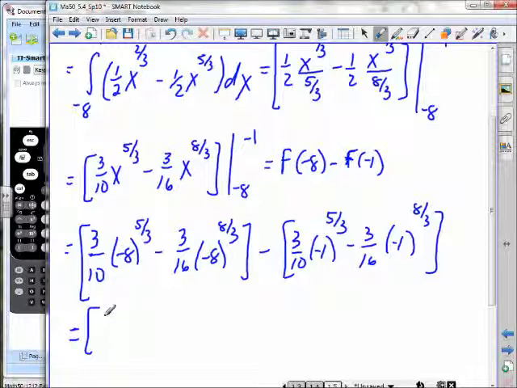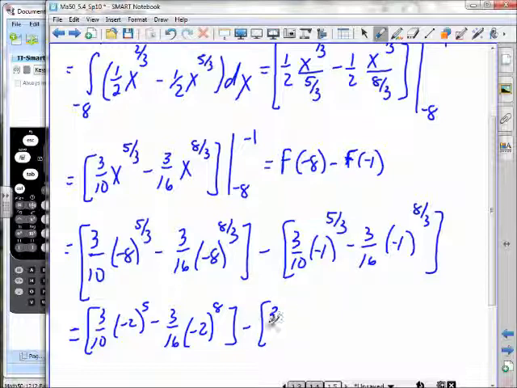Okay, so we've got 3/10 times -2 to the 5th power minus 3/16 times -2 to the 8th power. Cube root of -1? -1. So we have 3/10 times -1 to the 5th power minus 3/16 times -1 to the 8th power.